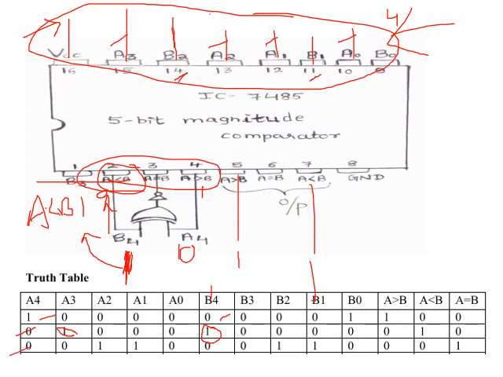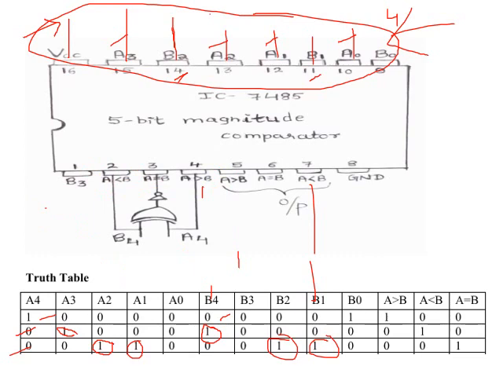Similarly, let us come to the third example. Here A2 and A1 are 1 1. Similarly, B2 and B1 are also 1 1. So what is happening here? Both the variables A and B are 1 1, right? What will happen in such a case? First it will compare as usual A4 and B4, correct?